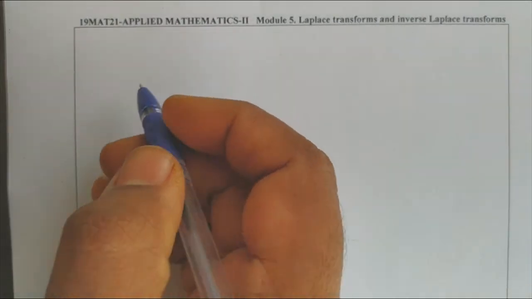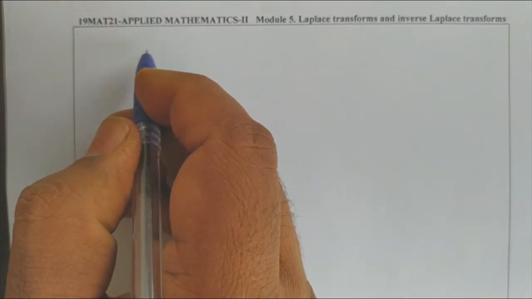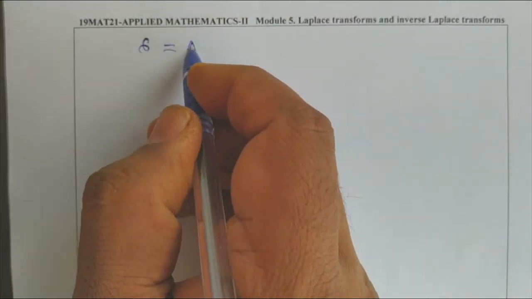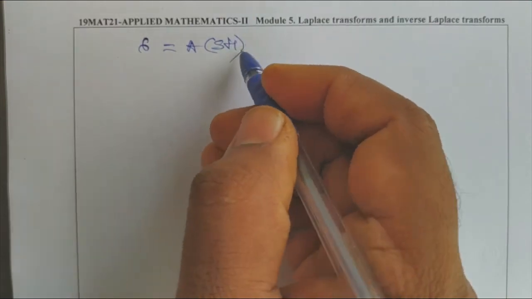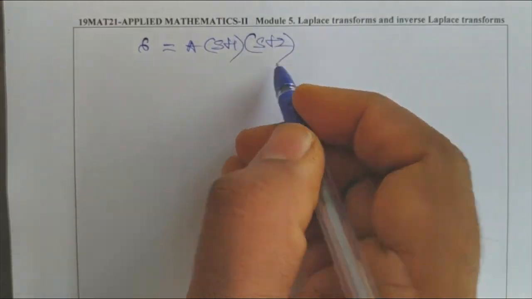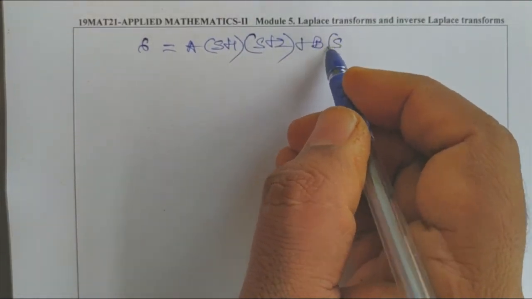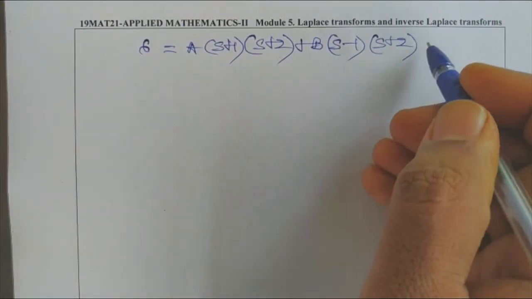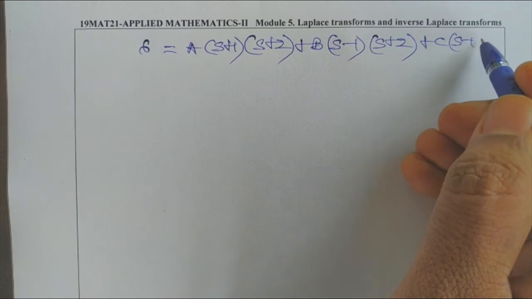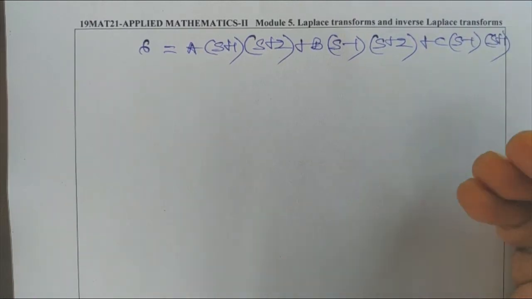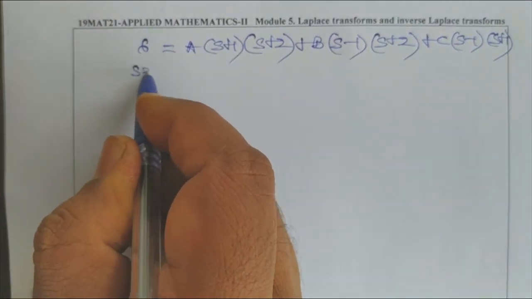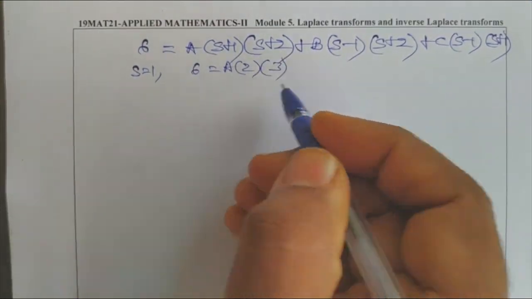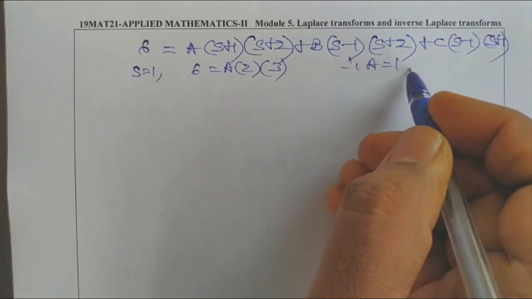After simplification, 6 is equal to a into s plus 1 into s plus 2 plus b into s minus 1 into s plus 2 plus c into s minus 1 into s plus 1. When we substitute s is equal to 1, 6 is equal to a into 2 into 3, therefore a is equal to 1.